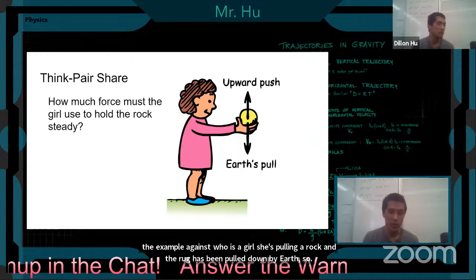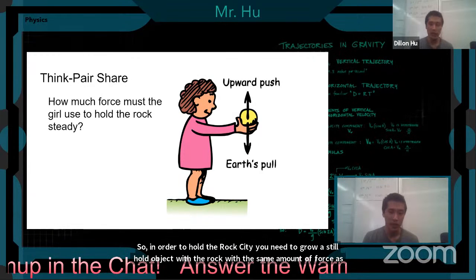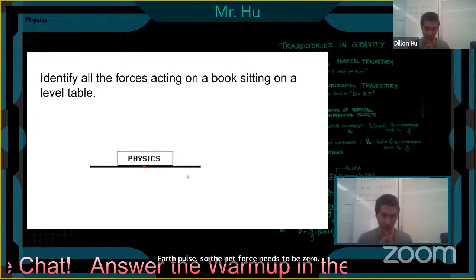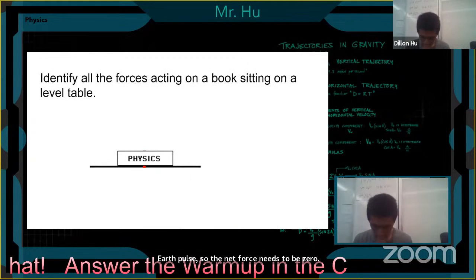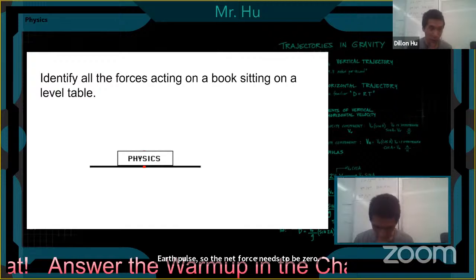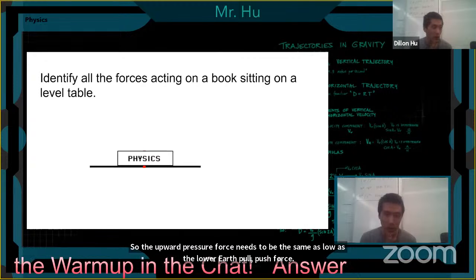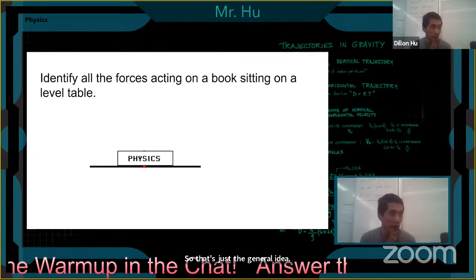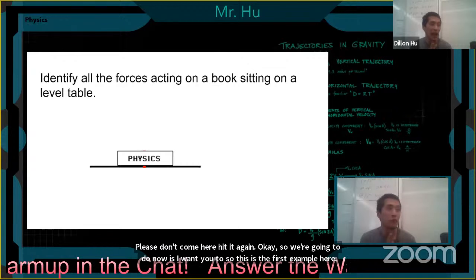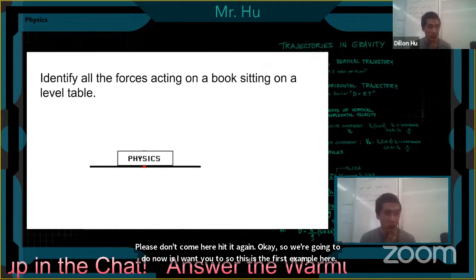Okay, so what we are going to do now is, this is the first example here. There's a space on your graphic organizer to do this. What I first want you to do is try to figure out what the forces acting on a book sitting on a level table are.